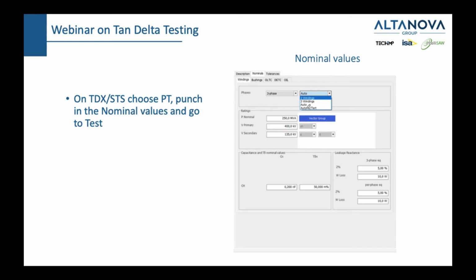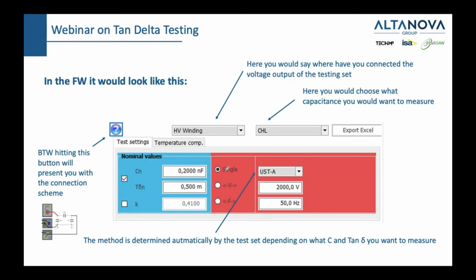It's also a good idea to write the nominal values of your tan delta and capacitance, because then you can get an automatic assessment of whether your result is good or bad, so pass or fail.